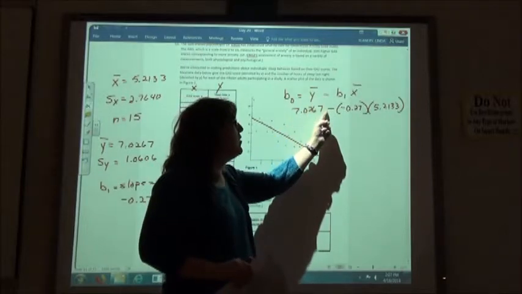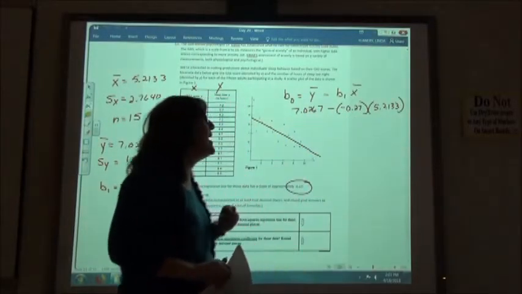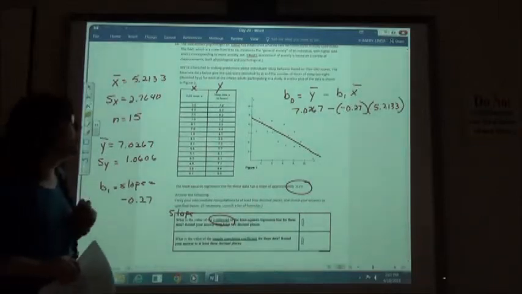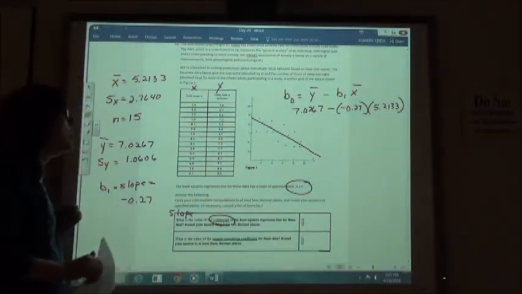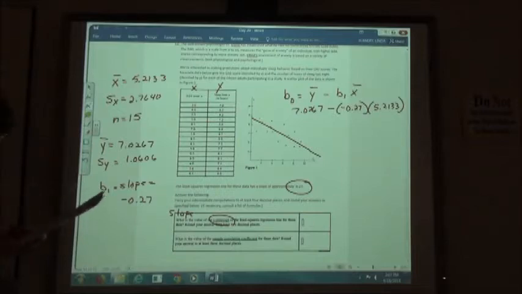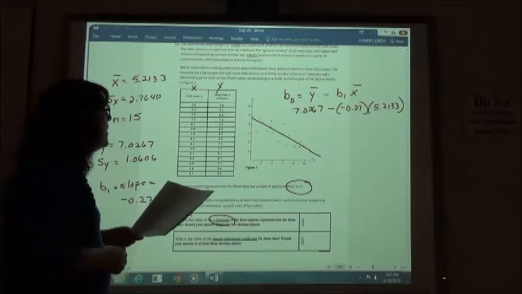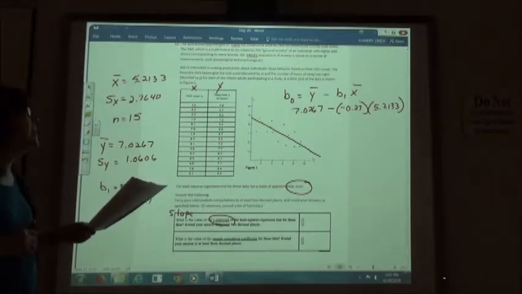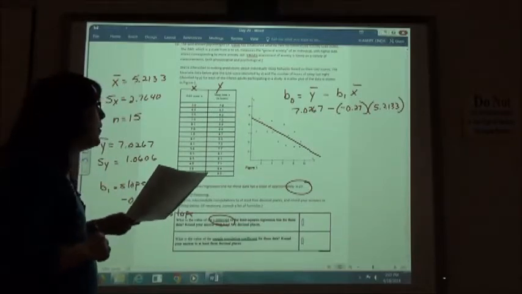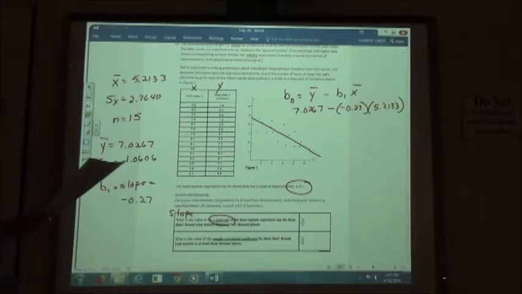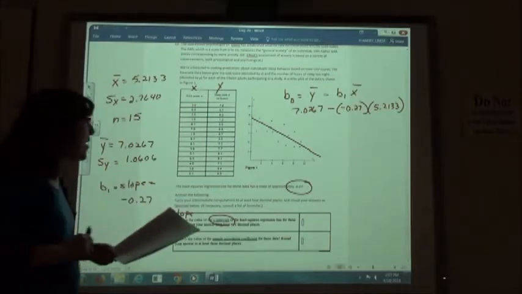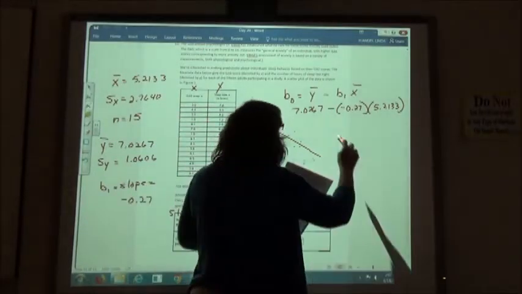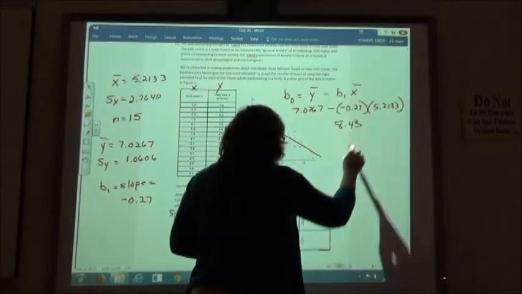There's a subtraction in the formula, and then our slope is negative, so I'm going to have minus and then a negative 0.27 times 5.2133. So again, just put that in your calculator, 7.0267 minus parentheses negative 0.27 parentheses 5.2133, and rounding that off to the nearest hundredth or to 2 decimal places, we would have 8.43.